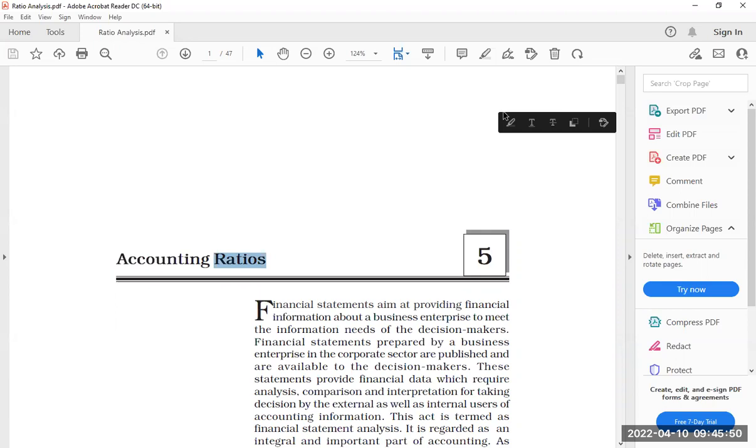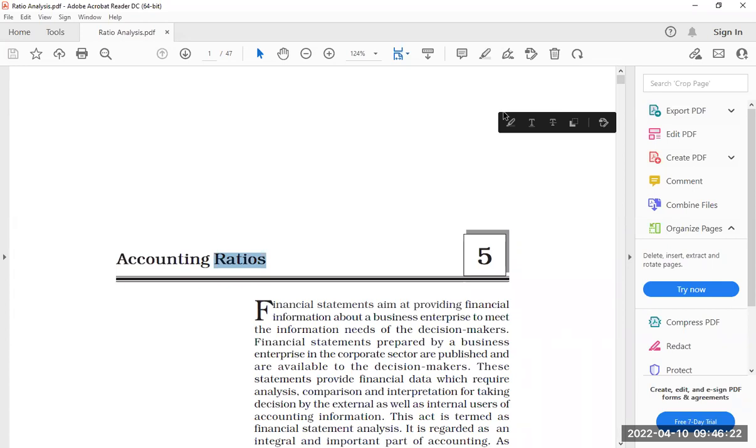Now we assume that the statements are with us. We are going to scan through them and check the relationship between one variable and another, one data and another. So financial statement analysis is nothing but a process of analyzing the financial data found in the financial statements, either in the balance sheet or in the profit and loss account or in both.